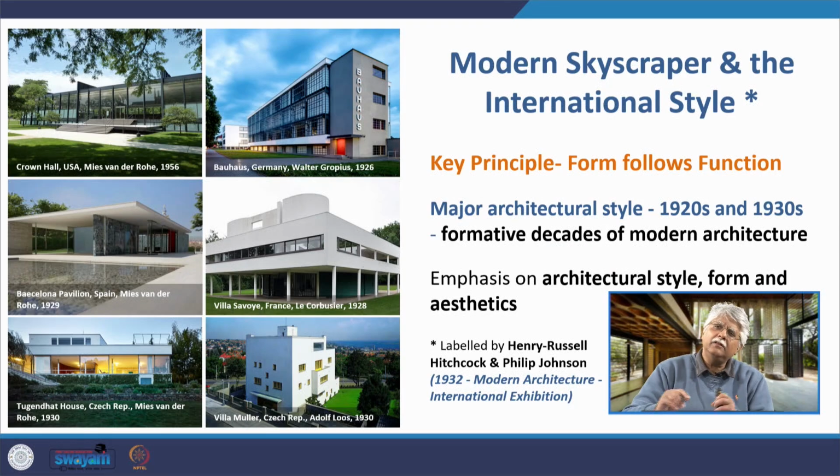Now we've seen the Art Deco skyscraper. Let us now talk about the modern skyscraper in the international style. The key principle being form follows function. The major architectural style of the 1920s and 1930s was the international style.